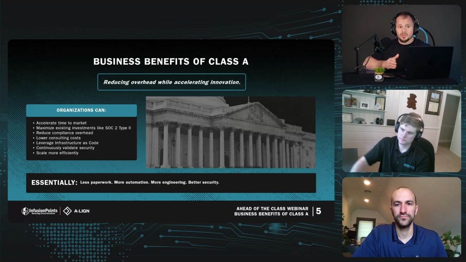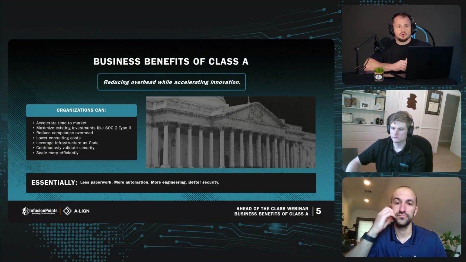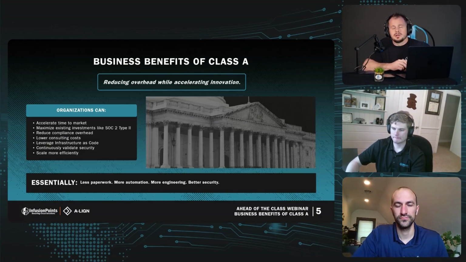So there may be more checks, and we know that there are. There's more validations that have to be done, and there's more ways that we're showing that security. But at the end of the day, it allows the organizations to grow as the business grows, and so it's such an opportunity that I don't know that organizations fully understand that they should be looking to take advantage of, and it allows them to do it at a much lower price point as well. So Tanner, hey, what are your thoughts on this Class A path here?